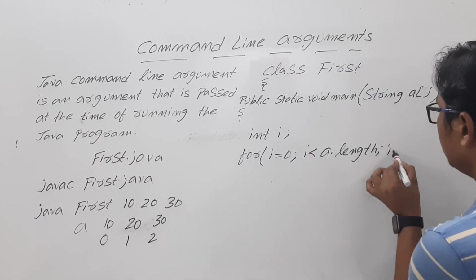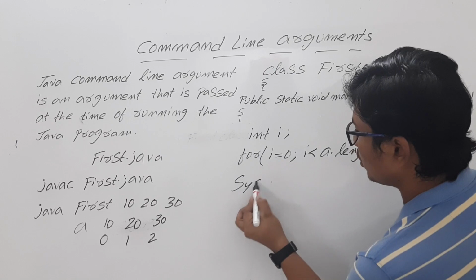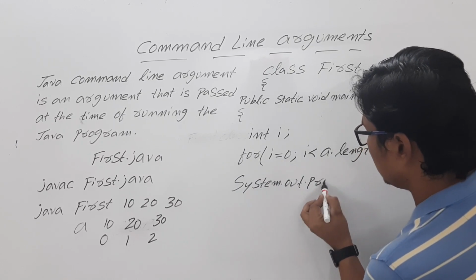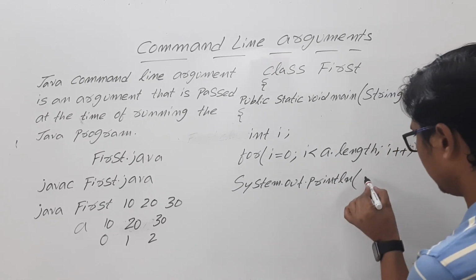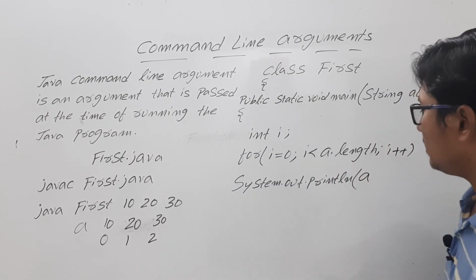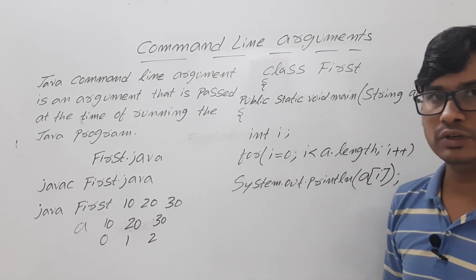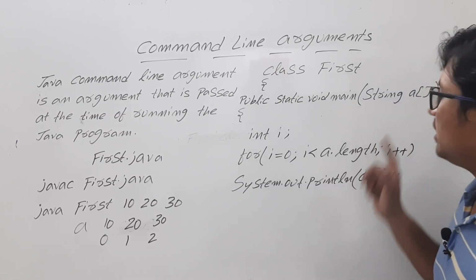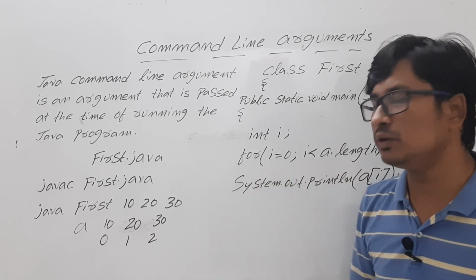Then i plus plus, then I can write System.out.println, the array name is a, and the index will be i, because i is equal to 0, so it will start from the 0th index. So in the array a, which is of String type, at index i, whatever value is there, you want to display.